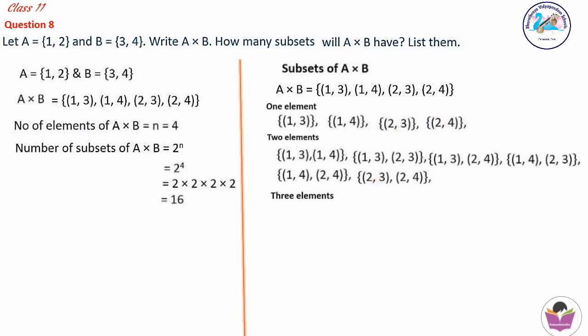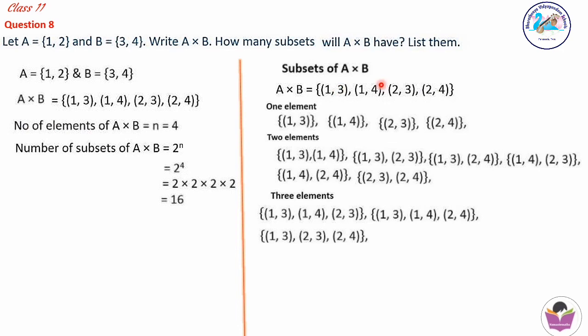Then with three elements, the first three together: (1,3),(1,4),(2,3). Then (1,3),(1,4),(2,4), the first, second and fourth taken. Next (1,3),(2,3),(2,4), where the second is removed and the first, third and fourth are taken.